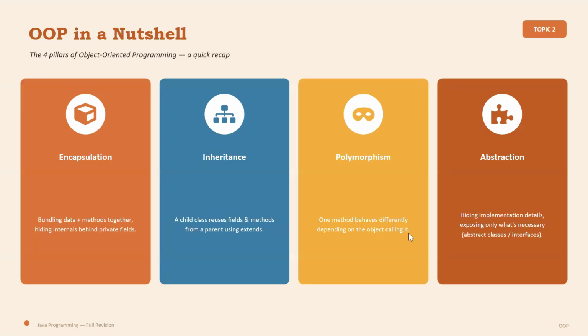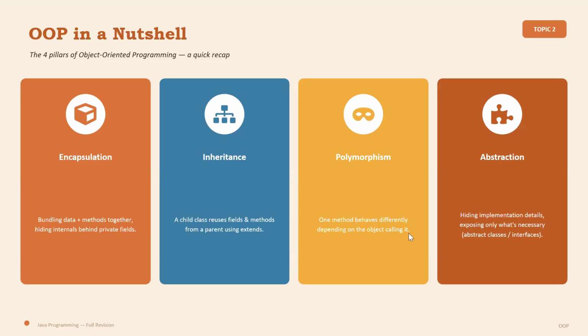Next is object-oriented programming. Java is an object-oriented programming language. Object-oriented programming is a way of designing and organizing programs using objects and classes. It helps programmers create software that is easier to understand, manage, and maintain.